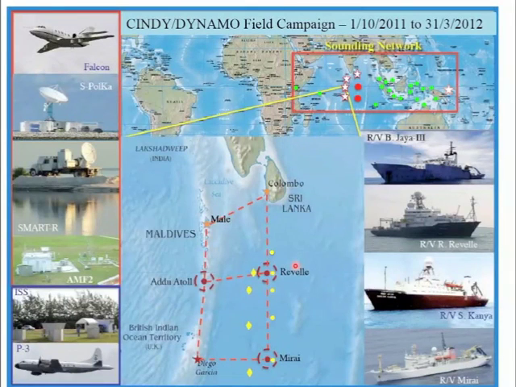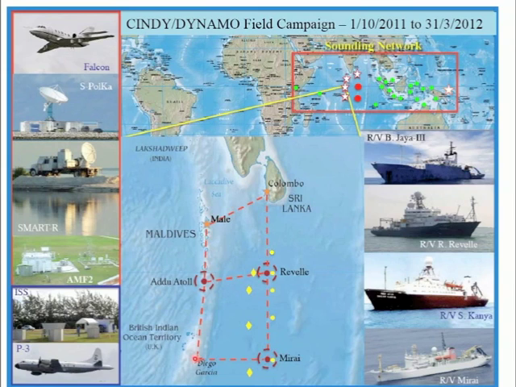And what was DYNAMO? Basically, it was a component of an international campaign called CINDY, and started in November 2011, and the official end was the 31st of March 2012. During this campaign, we sent radars, planes, radiosondes, and ships in the Indian Ocean, basically in the area of the Maldives, with, for example, the French Falcon being located on the Gan Islands, the NOAA's P3 in Diego Garcia.